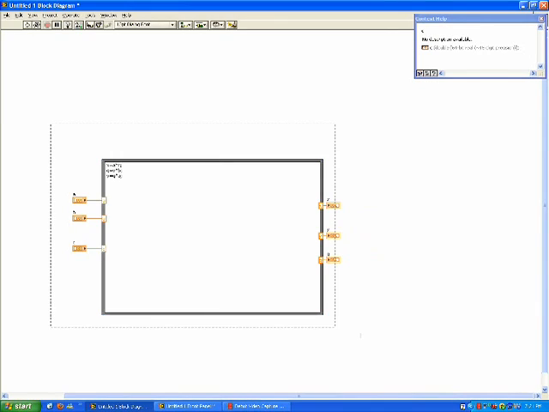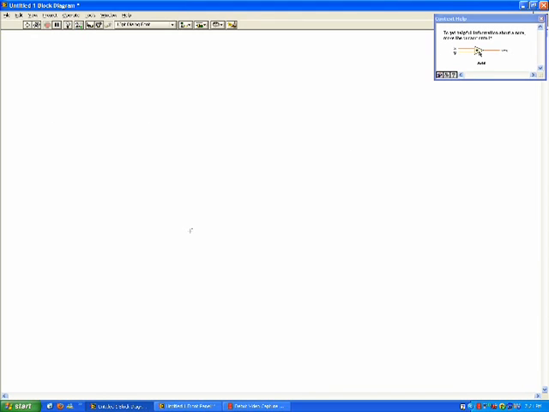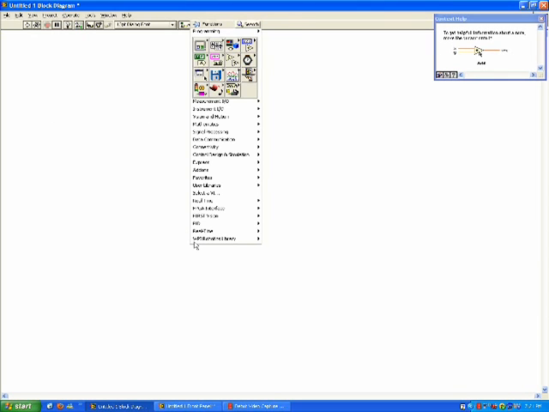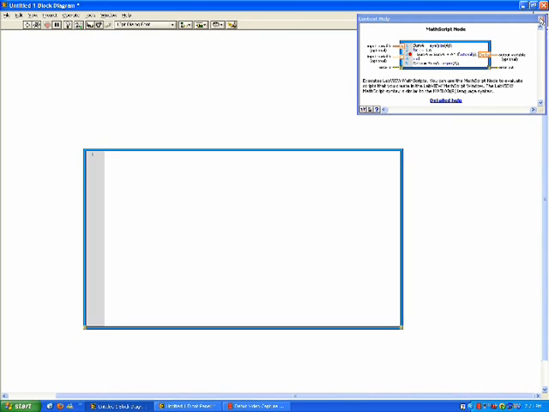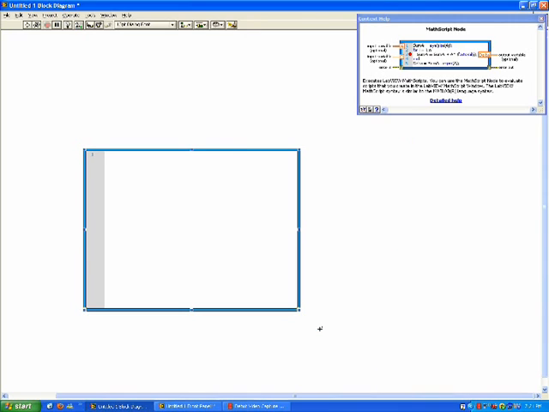Let's now create the math script. You right click in your block diagram, you go to structures, and you click on the math script node. Now you create inputs and outputs the same way you do with your formula node.